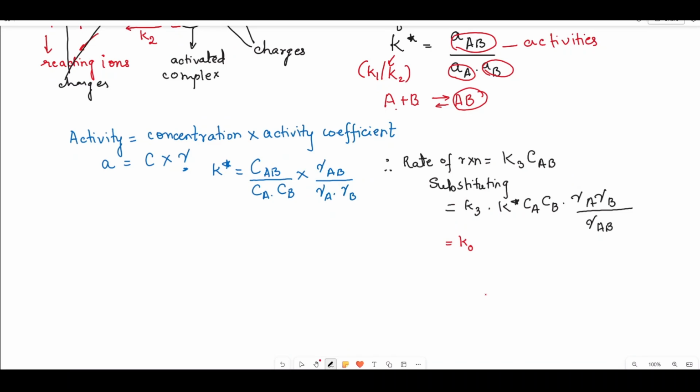The rest of the things will come down as it is: concentration of A, concentration of B into activity coefficient of A, B divided by AB. So as I told, K0 is equal to K3 K star.